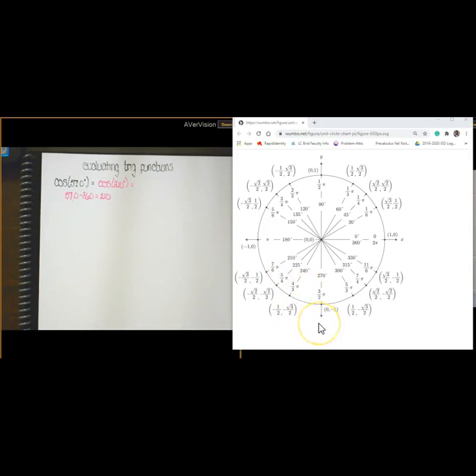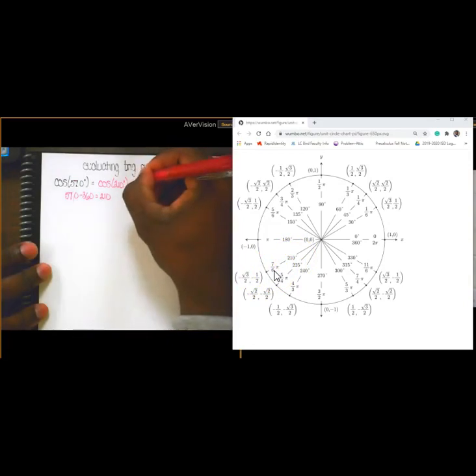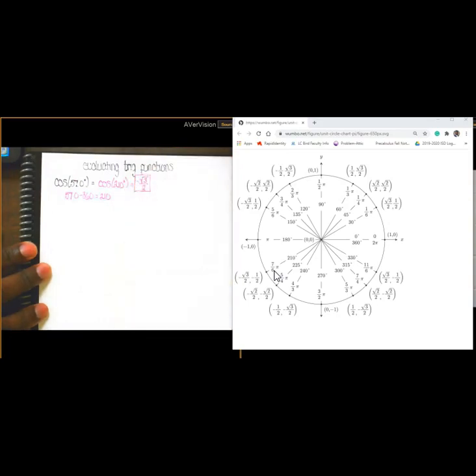Where is 210 on the unit circle? At 7 pi over 6. And what is cosine at 7 pi over 6?